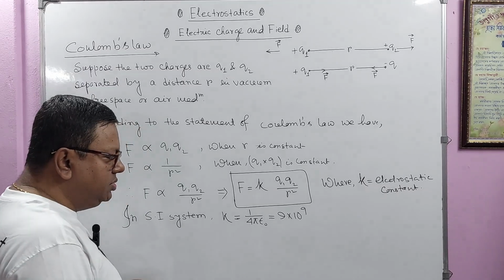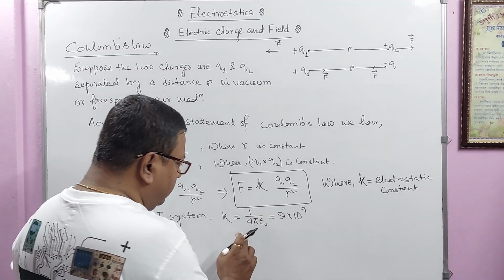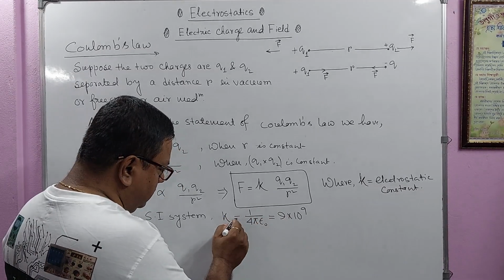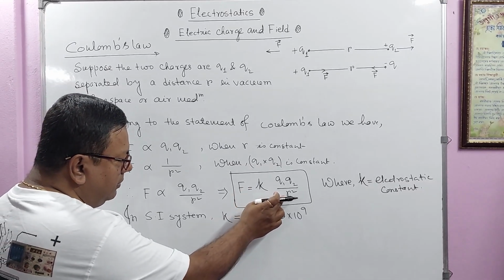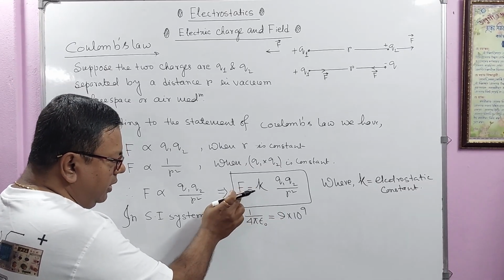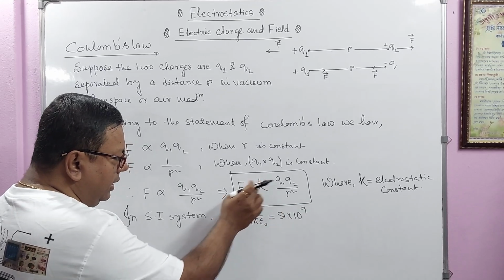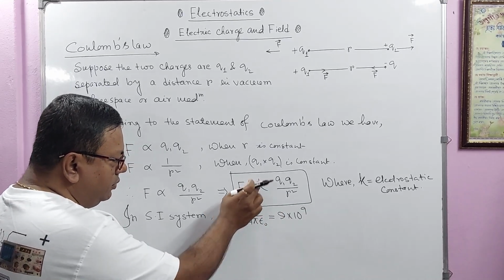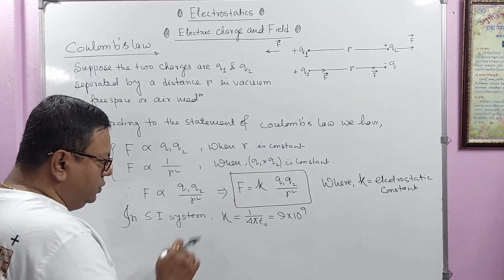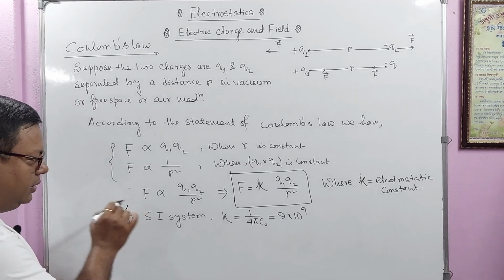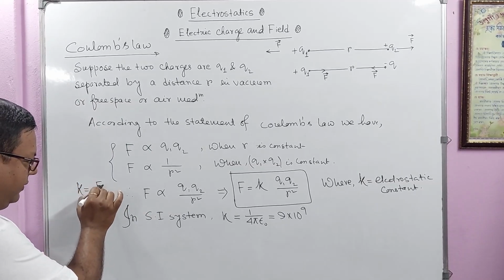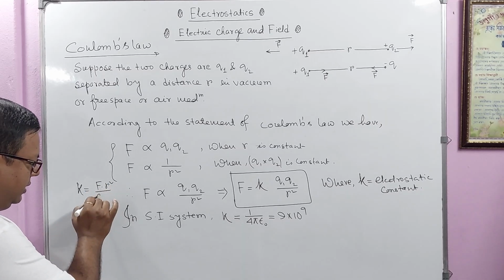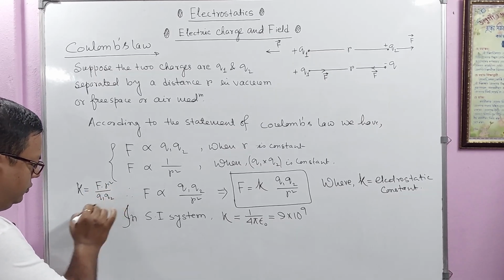So now there is a question, what will be the unit of K constant? So if we consider K, then if we multiply the F by R square and then divide it by Q1 Q2, we will get K. So K equal to F R square divided by Q1 Q2.